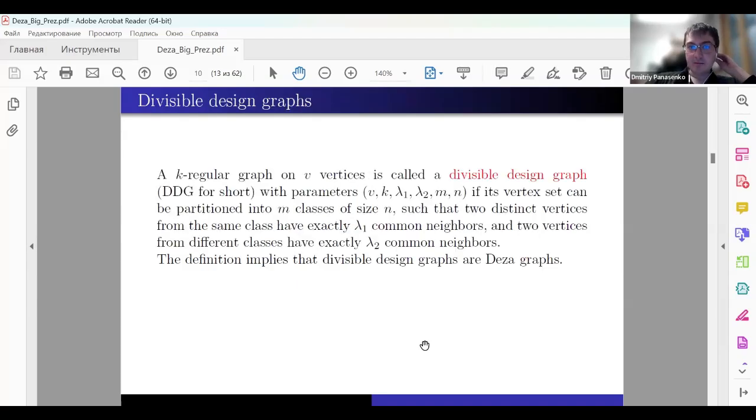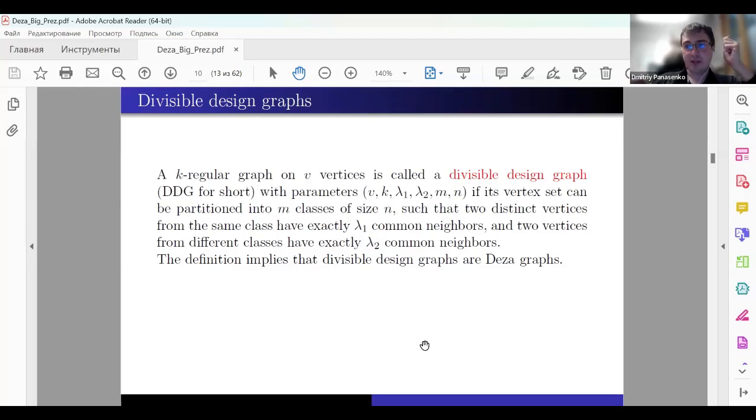And the other subclass of Deza graphs I want to introduce and talk about enumeration as well is divisible design graphs. So a k-regular graph on v vertices is called a divisible design graph, or DDG for short, with parameters v, k, lambda 1, lambda 2, m, n, if its vertex set can be partitioned into m classes of size n, and 2 distinct vertices from the same class have exactly lambda 1 common neighbors, while 2 vertices from different classes have exactly lambda 2 common neighbors.